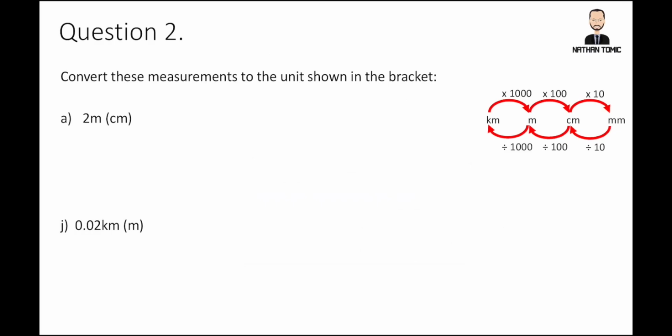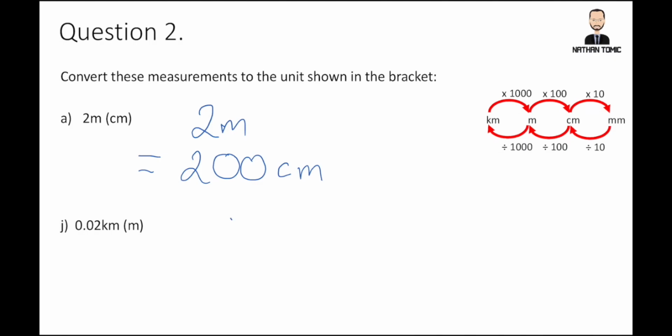So if we had the number 2, which is our 2 meters, and we want to multiply by 100, we know that we simply add those 2 zeros of the 100 onto this. So we can actually say that 2 meters is equal to the 2 plus 2 zeros on from the multiplied by 100, and we now put our centimeters in. So 2 meters is equal to 200 centimeters.